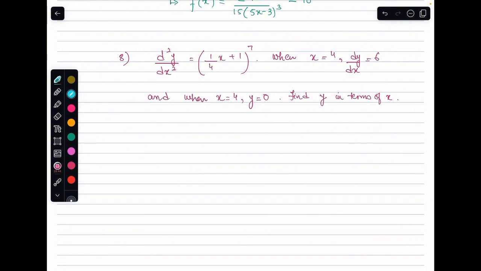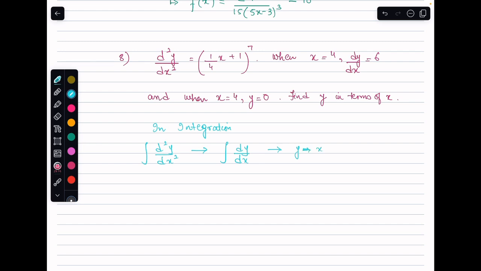As discussed earlier, we know that integration is the reverse process of differentiation. Therefore, I shall be integrating the second derivative d2y over dx squared to get dy by dx, which, when integrated further, shall give us y in terms of x.